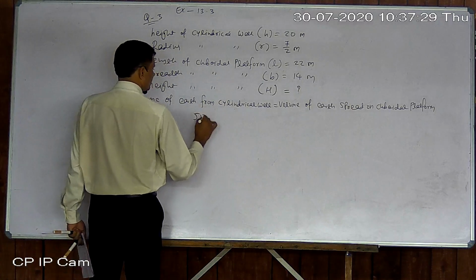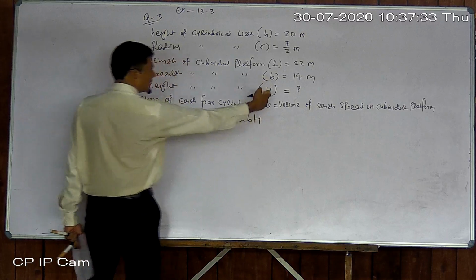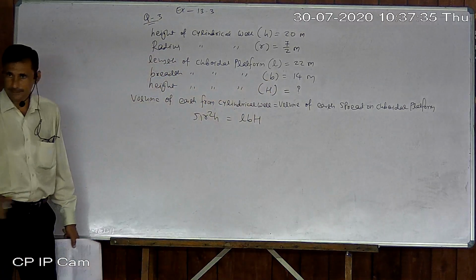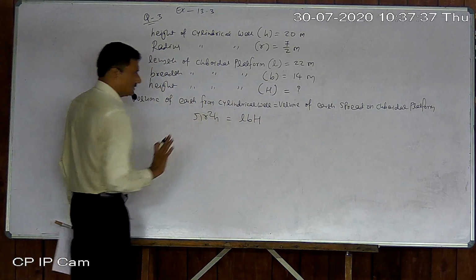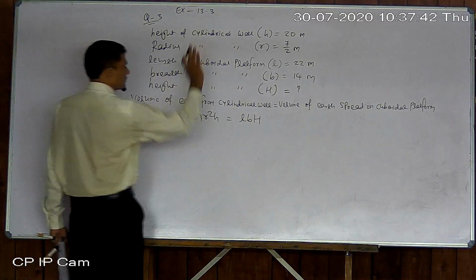Pi r square is equal to L B H. Pi does not cancel because there is no pi on the right side, so just place all values.